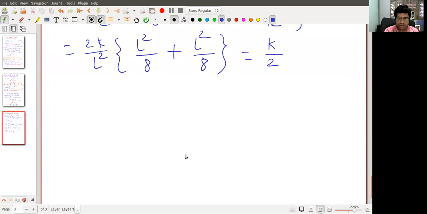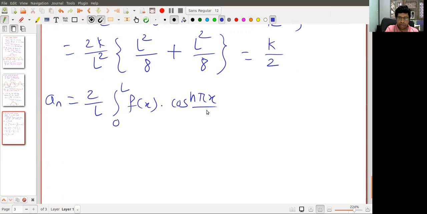Now we find an. By definition it is 2 upon L into integral from 0 to L f of x into cos n pi x by L dx.